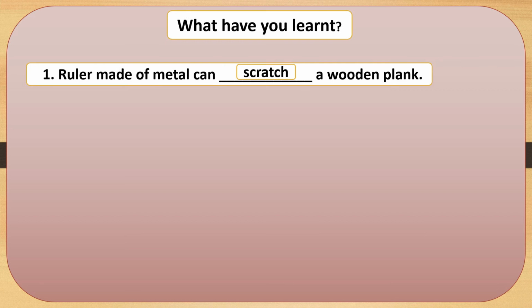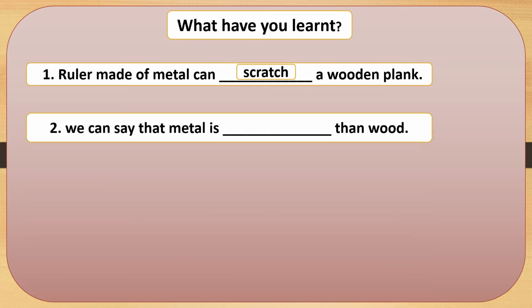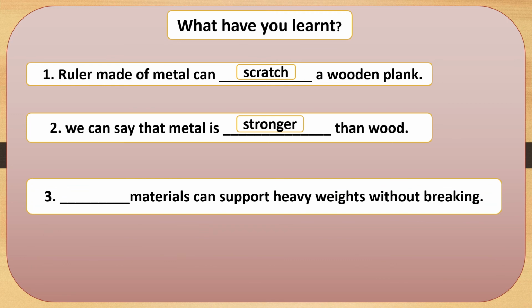Next, number 2. We can say that metal is what? Very good. Is stronger. We can say that metal is stronger than wood. Number 3.